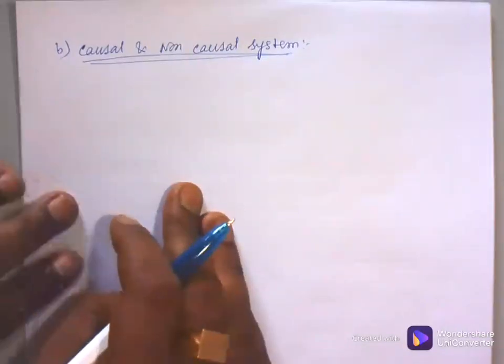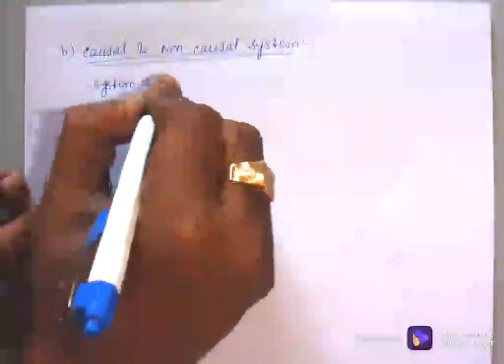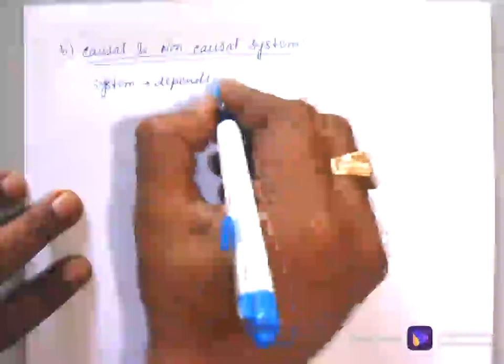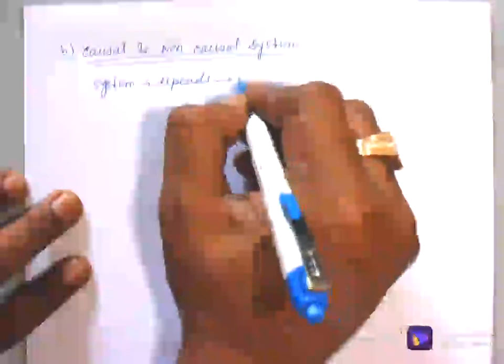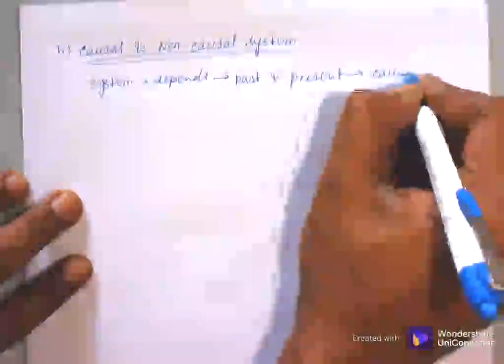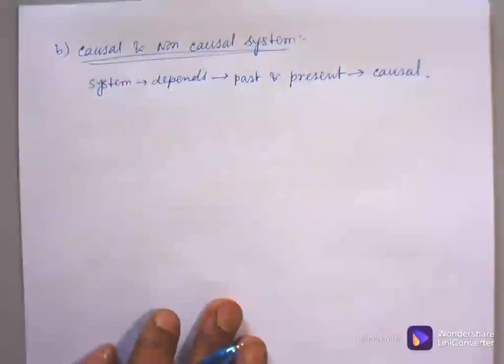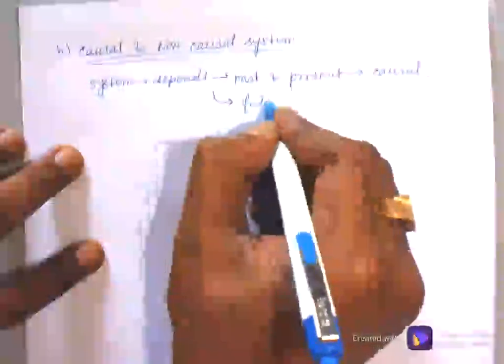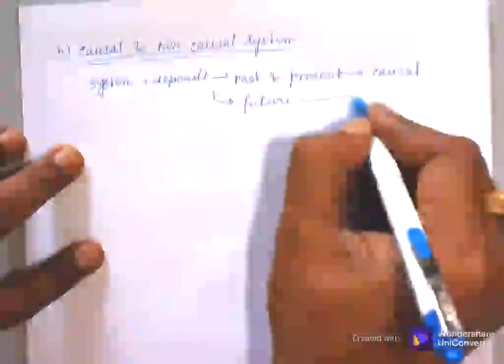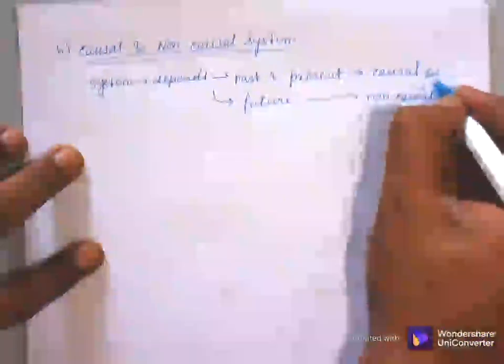That means if the system depends on past and present, it is causal. And if the system depends on future values, it is called a non-causal system.